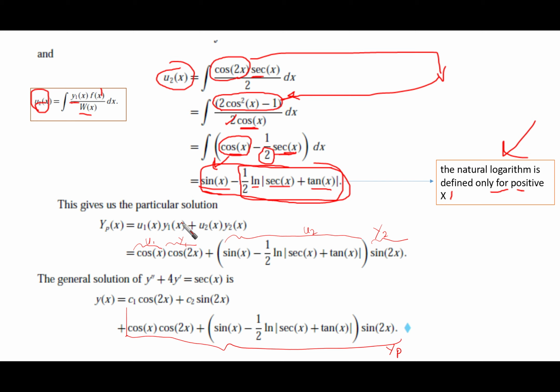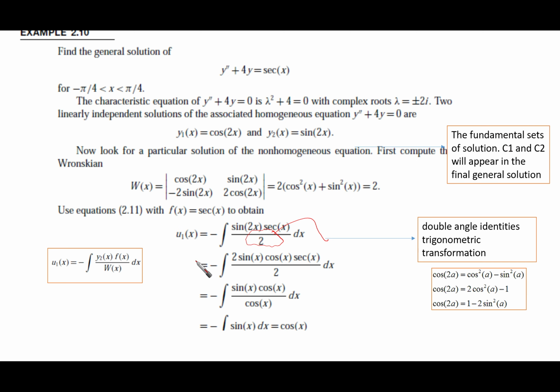Okay, so we have u1 and u2. Now this gives the particular solution: yp equals u1 y1 plus u2 y2. Right? So u1 is cosine x. From the previous slide, we have u1, cosine x, times y1, which is cosine 2x. Let's go back.